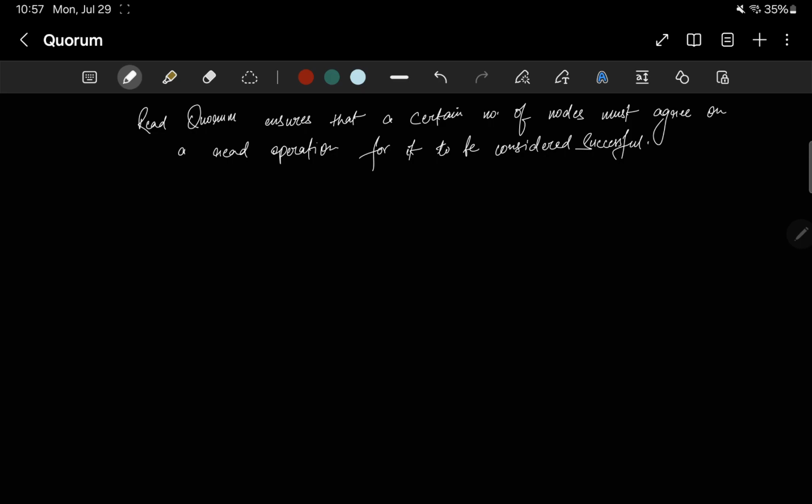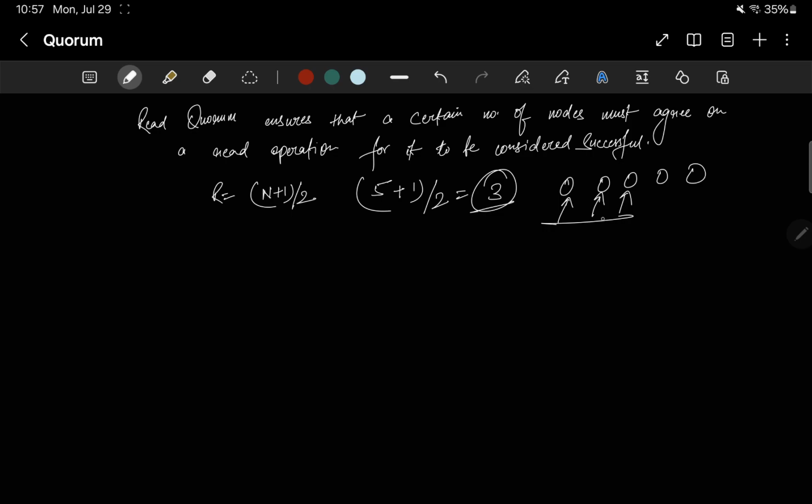So generally R is given by (total number of nodes plus 1) divided by 2. So if we have, let's say, 5 nodes, R would be (5 plus 1) by 2, which means 3. So if 3 of the 5 nodes read the same value, that value is considered to be the latest or fresh value. So that's the read quorum, that's the correct value.